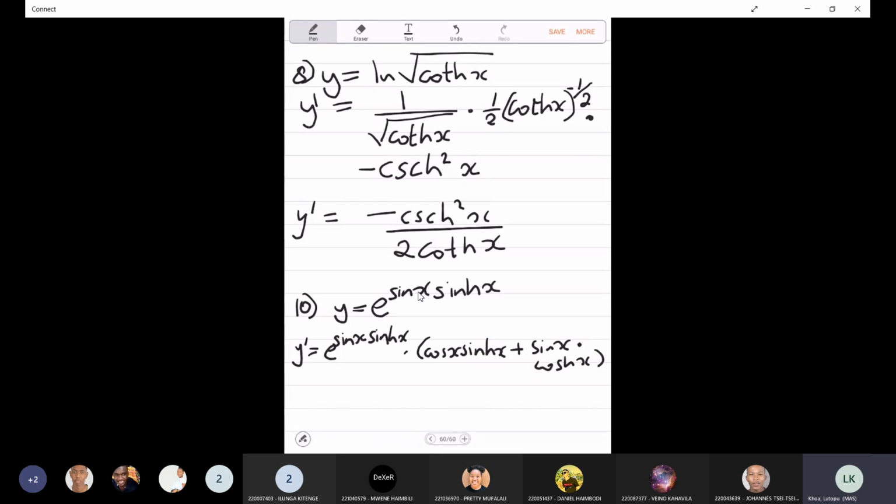Okay, so there isn't really much you can do. You can multiply out the brackets, but leaving it like that is also fine because you can't simplify it any further.